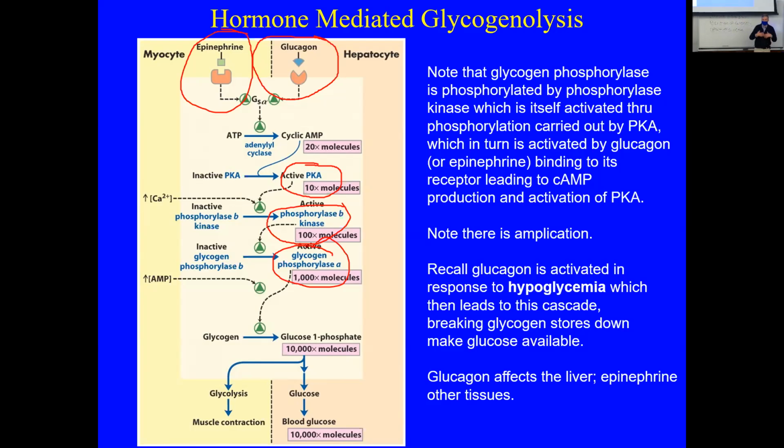And they in turn, as enzymes, can process multiple copies of the glycogen phosphorylase, which can lead to maybe 1,000 copies of glycogen phosphorylase being activated, and those can be distributed around the glycogen particle and lead to the release of glucose 1-phosphate, converted into glucose 6-phosphate and on to glucose in the liver.